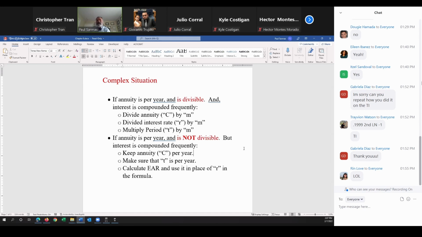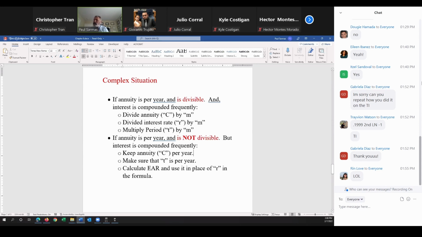The way you handle it is this. You keep your C, your annuity per year. Because C is not divisible, you have no choice but keep it as year. In that case, you make sure T is per year.